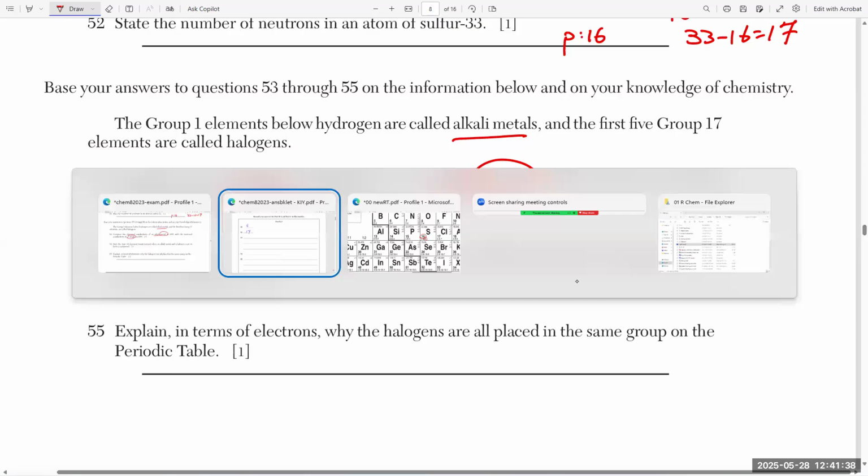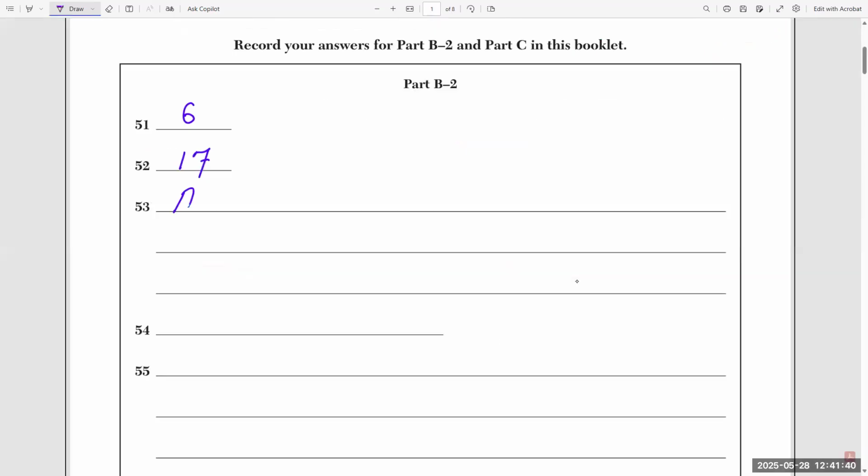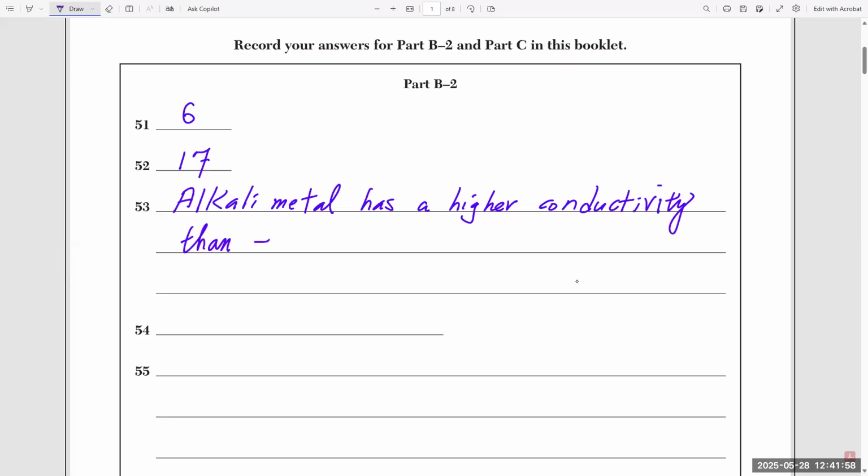So therefore, you would say alkali metal has a higher conductivity than that of halogens. Okay, that's all you need to write.